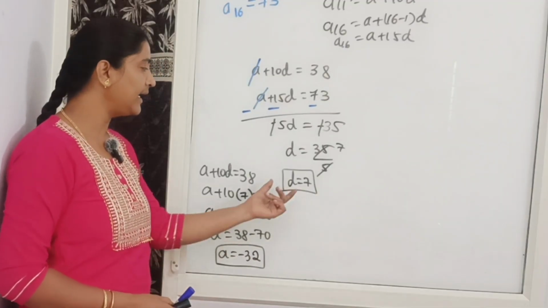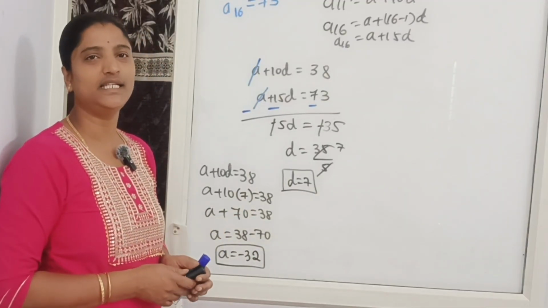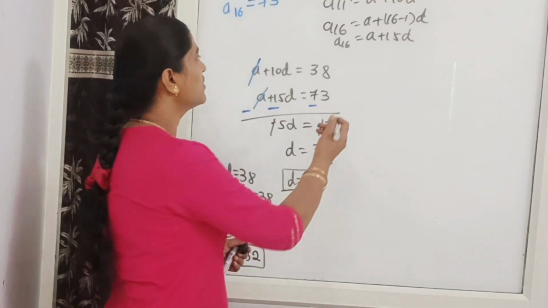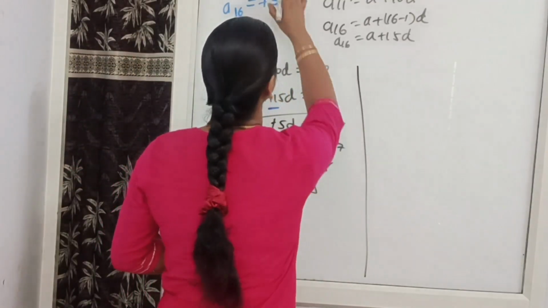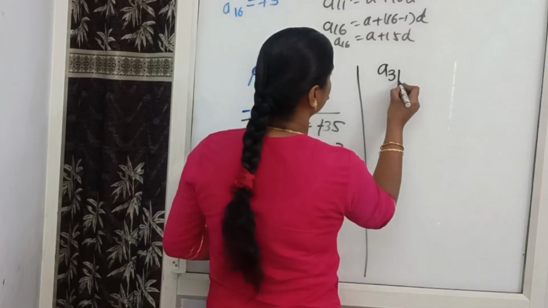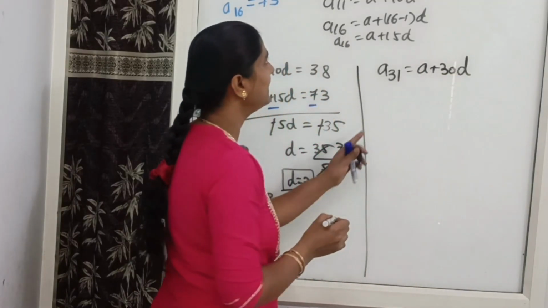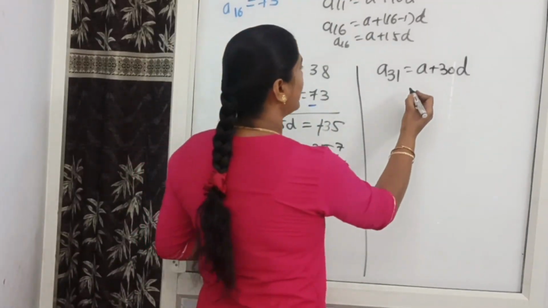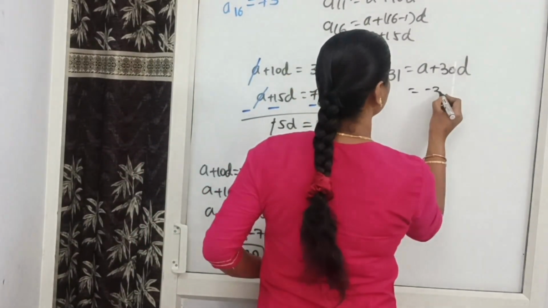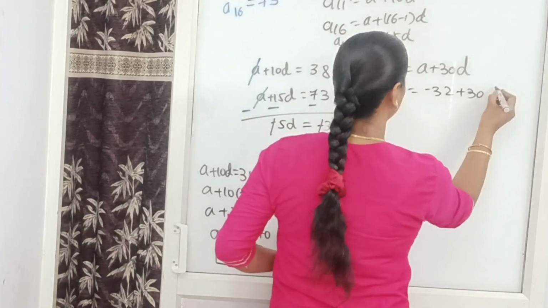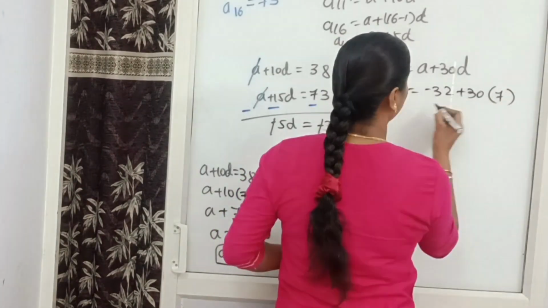Once we got A and D, we can find any term in the given AP, right? They asked for the 31st term. So that is A plus 30D by applying the nth term formula. A is minus 32, 30 into D, which is 7.